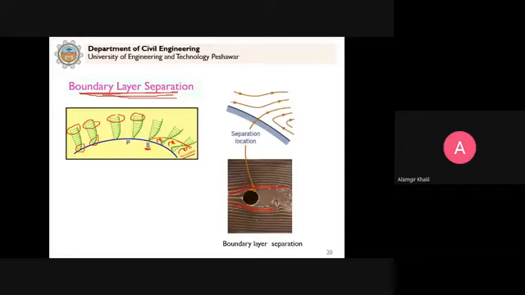Now at this point, if I exaggerate it, this is what is shown here: the boundary layer should continue to follow this path, but instead of following this path, it follows this path. It means that it has separated from this surface.